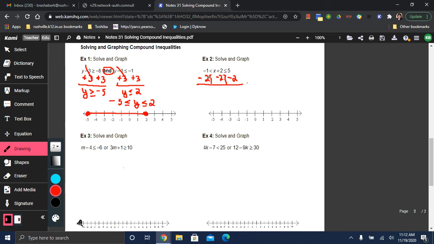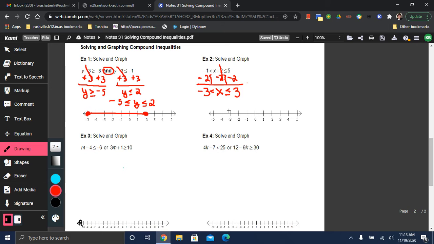And so -1 subtract 2, that will give me -3 is less than. Notice that my 2's cancel. I just have x in the middle, and then less than or equal to, and then 5 minus 2, which is 3. So notice that I have just x by itself in the middle, and it's already in this nice shortcut form that I had to work to write in example 1.